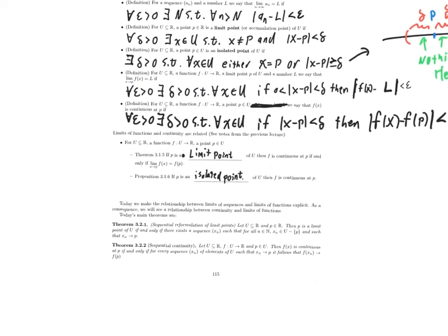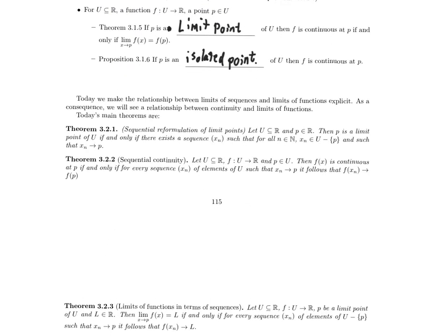But let's read these statements. So here are the things that will be proved. There will be a sequential reformulation of limit points. Let U be a subset of R and P be an element of R. Then P is a limit point of U if and only if there exists a sequence x_n such that for all n, x_n is in U, different from P, and which converges to P. Sequential continuity.